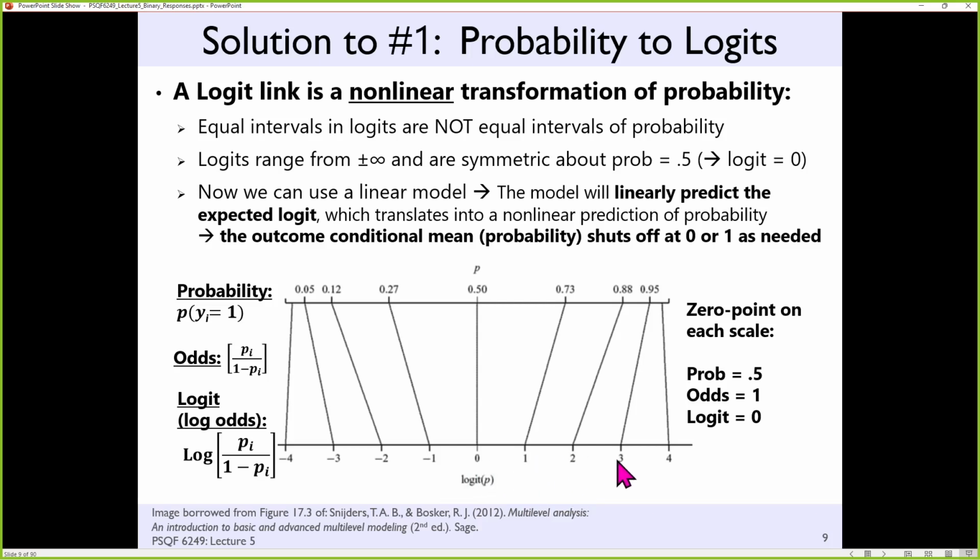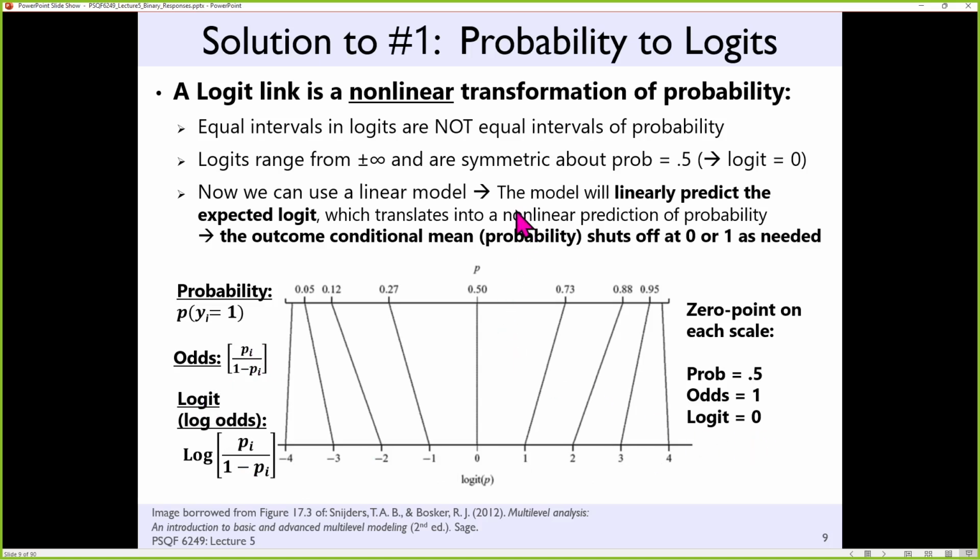So logits can keep going and going, but that distance is not equal in terms of probability. It gets compressed. So the same slope looks like it's less useful the further you get towards the boundaries. It's a nonlinear relationship. So we have probability of a 1 translated into odds, where 1 is the reference rather than 0.5, translated into logits, where the reference is 0.